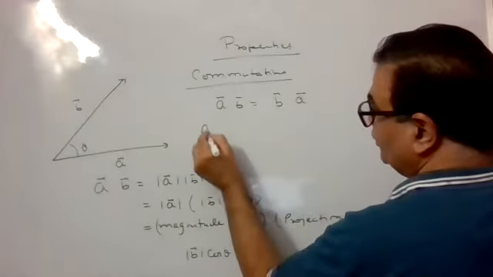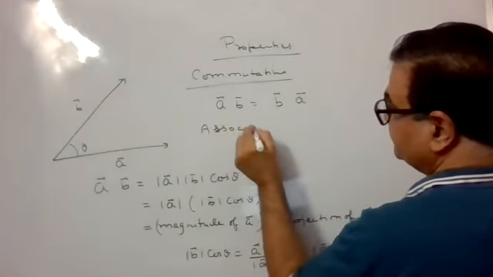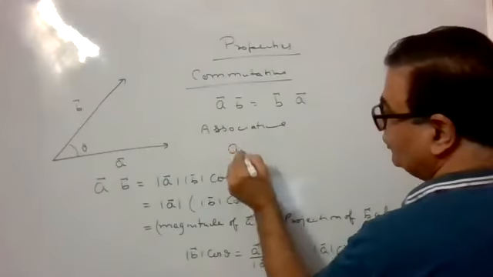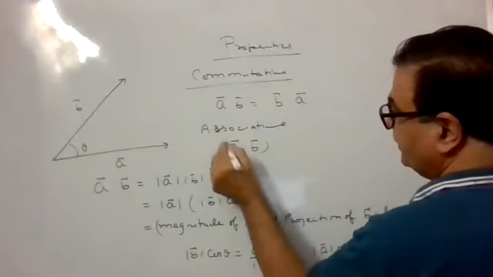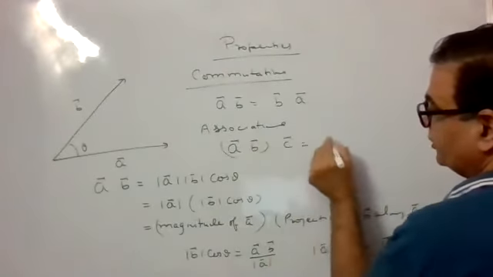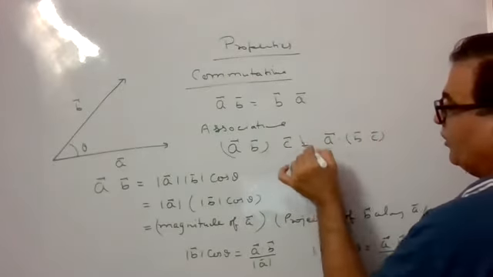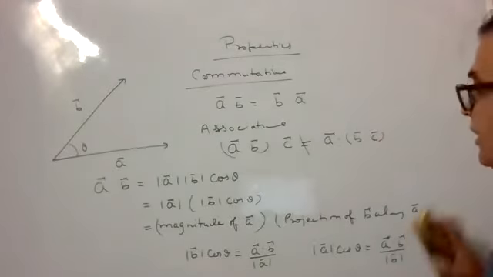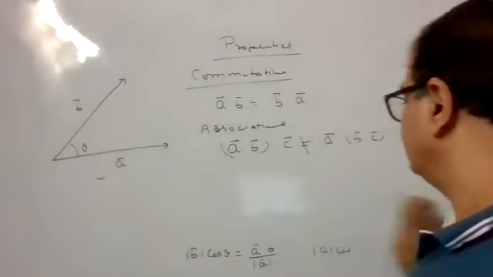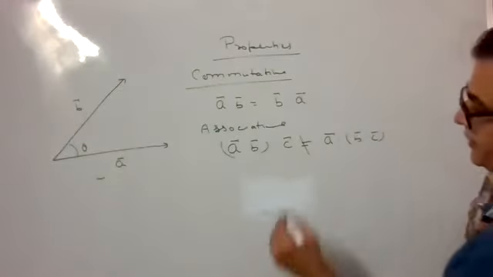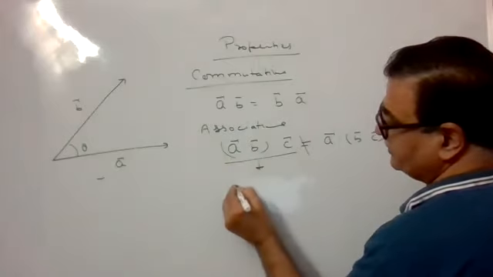Second property I told you, associative. When you take A dot B dot C, (A dot B) dot C and A dot (B dot C), I told you they are not equal. Why? Because this does not exist.